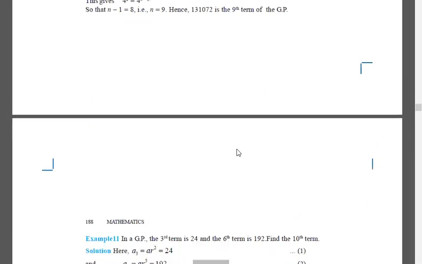Try solving question number 11, guys. Step by step, step by step.